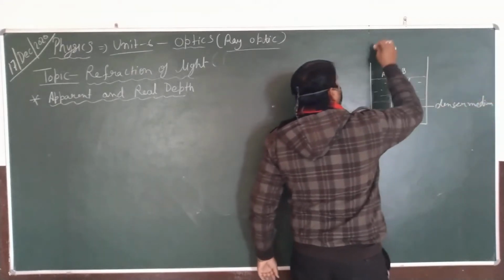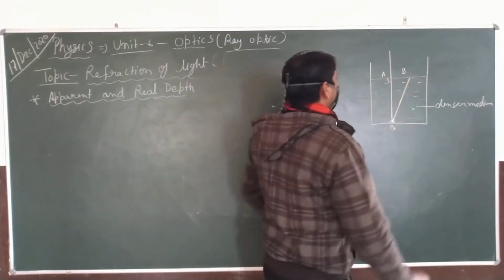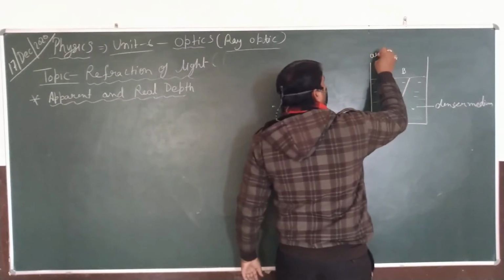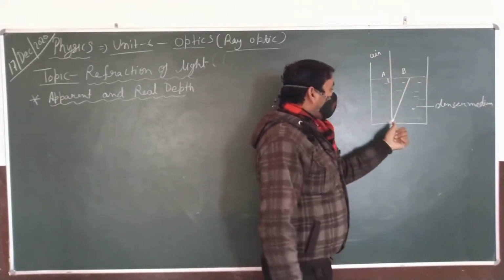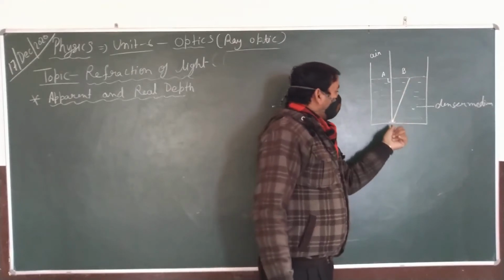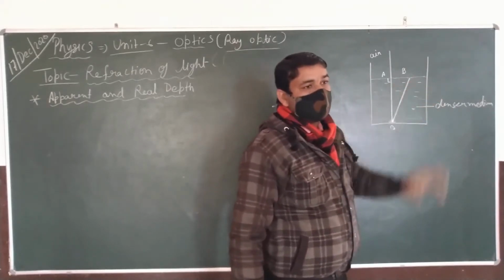The upper side of the interface surface is air, which is the rarer medium.